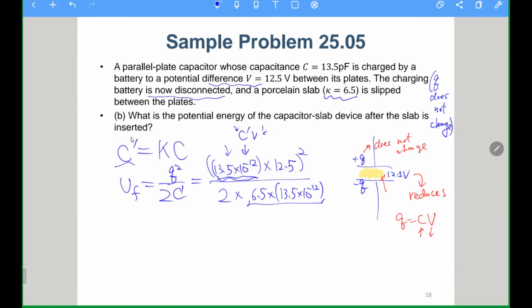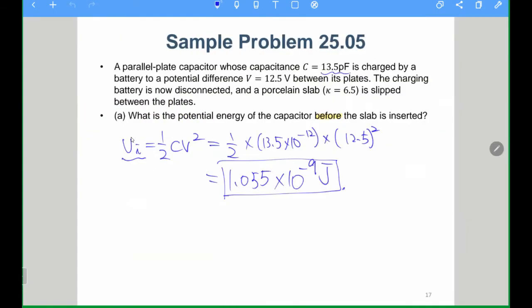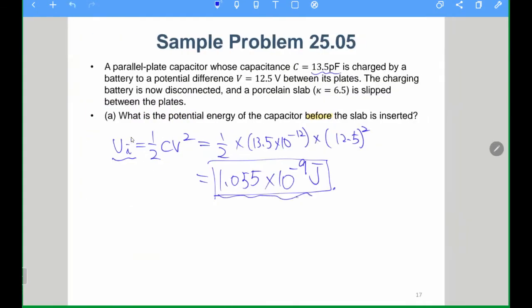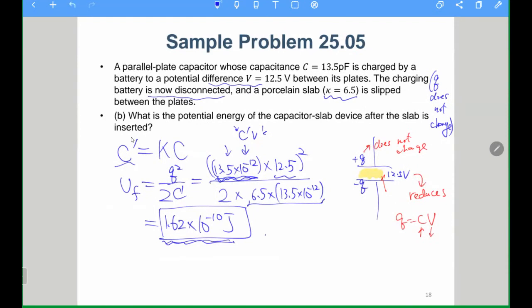This is nothing but C times V, so we use the original C and original V. Finally, this number is 1.62 times 10 to minus 10 joule. When you compare this number with the earlier one, this is smaller, which means that some energy is lost.